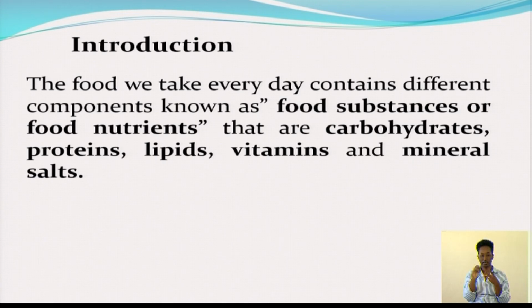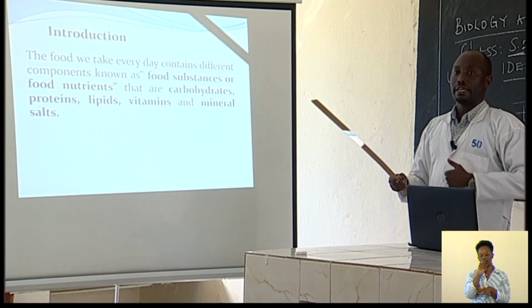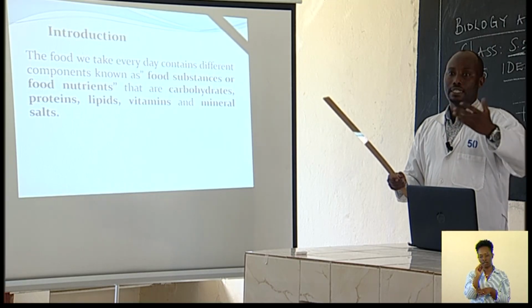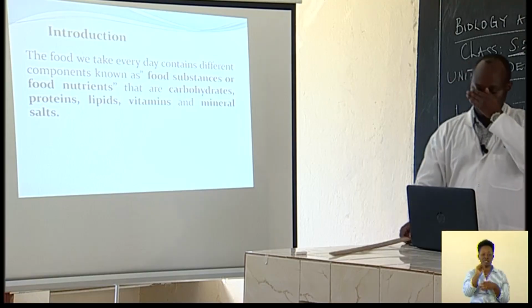All of them are very important to our body because they perform the function of a balanced diet. If we eat these food nutrients, you don't suffer from diseases like kwashiorkor, marasmus, and other diseases that are caused by lack of mineral salts in our diet. So it is very important.